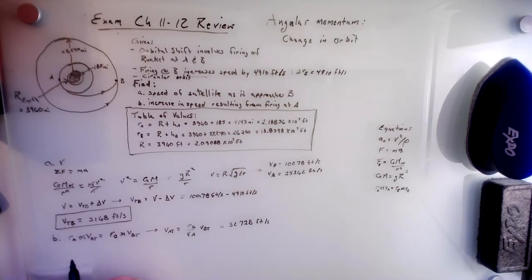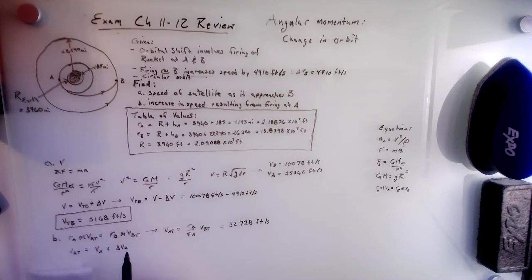So again, here we're leaving, so we can say that the transfer speed, VAT, is equal to VA plus delta VA.